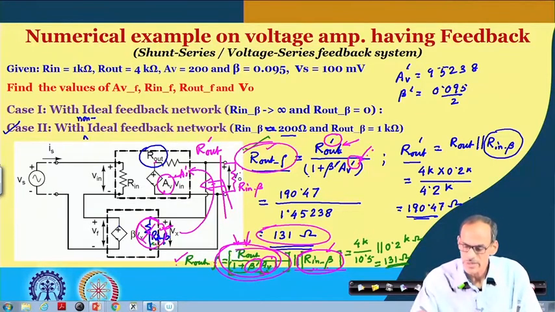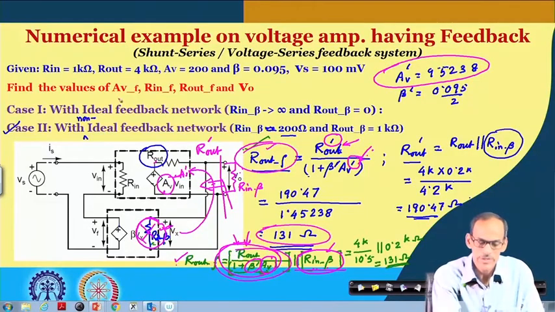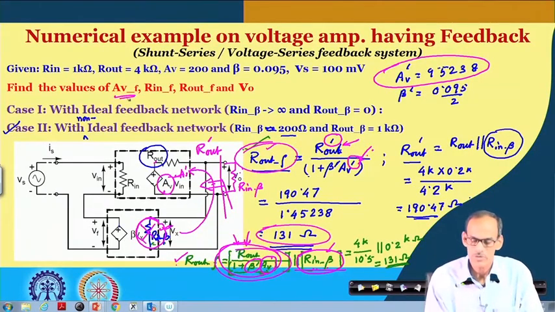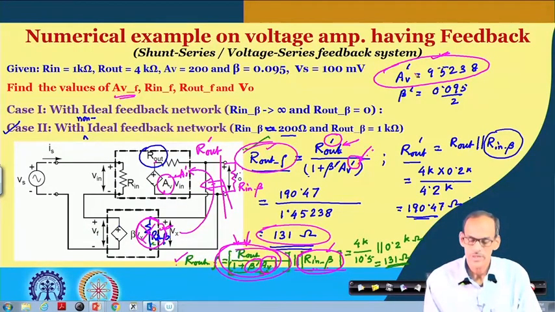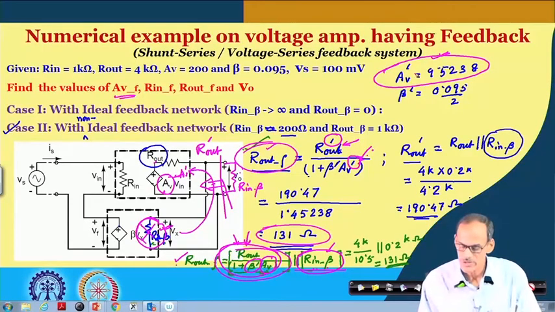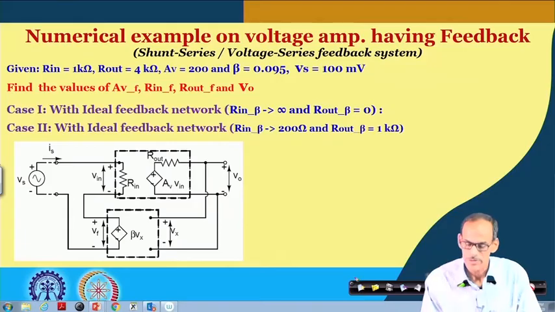So, as I was telling, AVF has two approaches. One approach we have already discussed, by considering this AV dash and beta dash together. The second approach we are going to talk about now is the following.